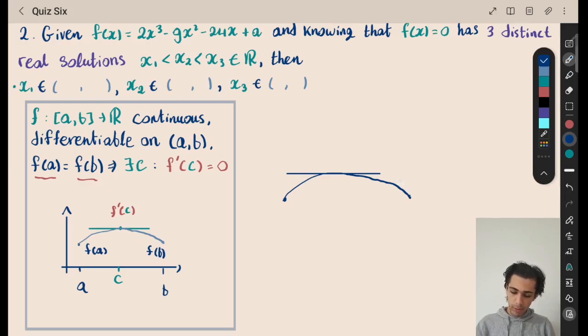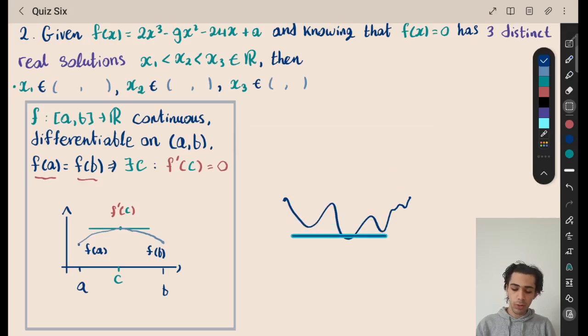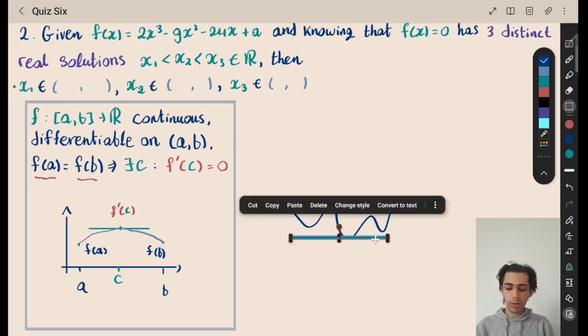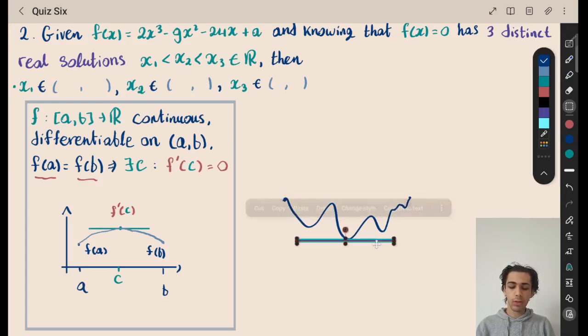And this could also happen in the other directions. You'd have something like this, or even something more complicated. But the idea is that there will always be a point at which the derivative is equal to 0. There's always a point at which the function is, let's say, decreasing and then it increases, or it's increasing and then it decreases.